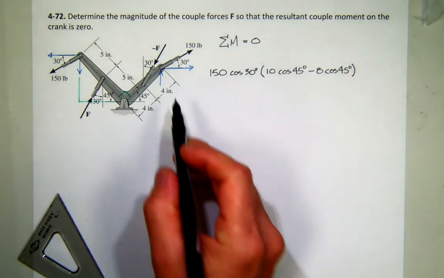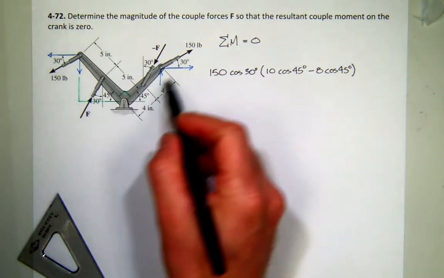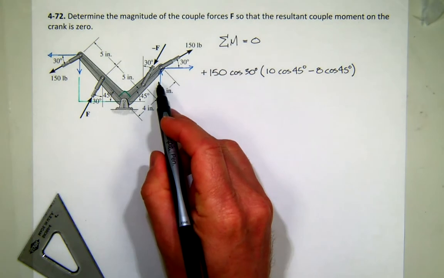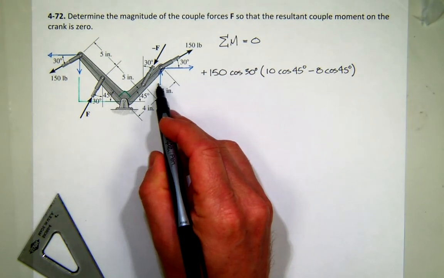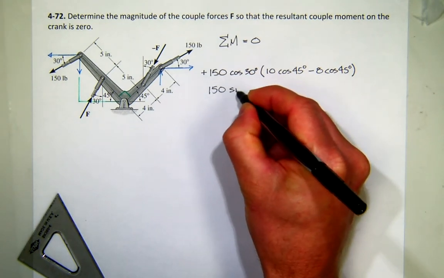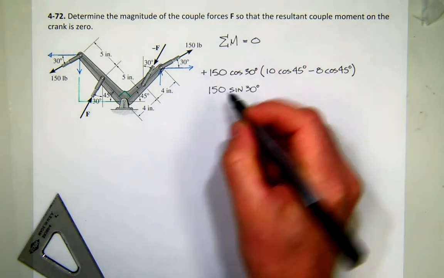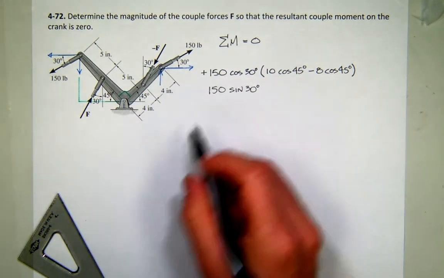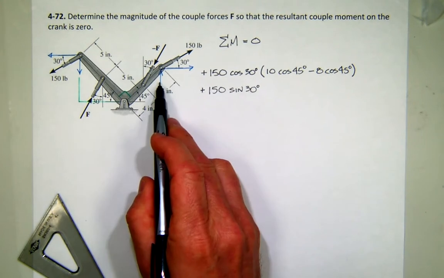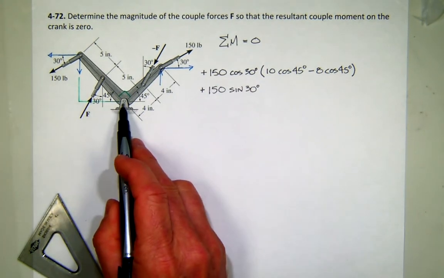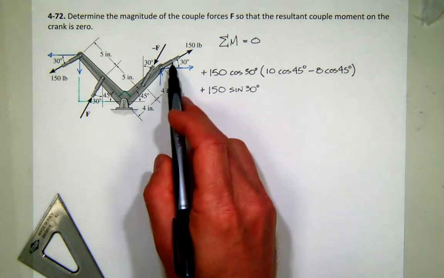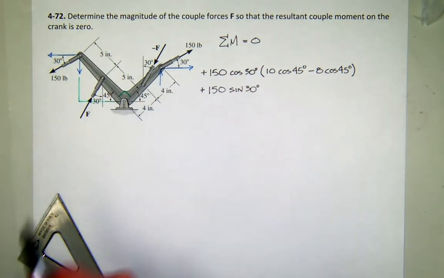Now, those y components, how are they moving? Counterclockwise, so this is positive. And what about the vertical components? That's going to be the 150 times the sine of 30, and they're also creating positive moment. And what's the distance between these things? Well, it would now be the horizontal piece, so it'd be 10 cosine 45 minus 8 cosine 45.